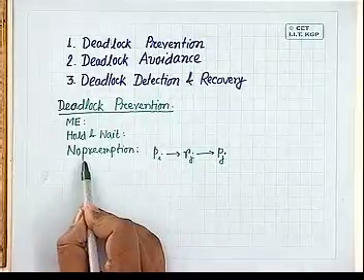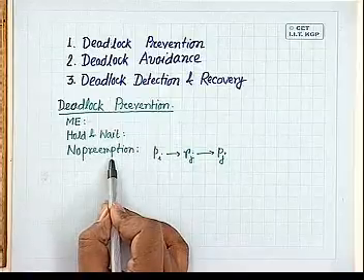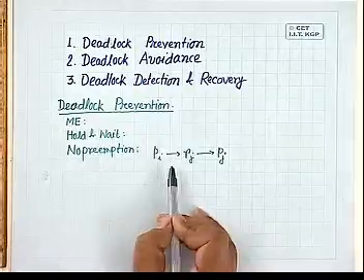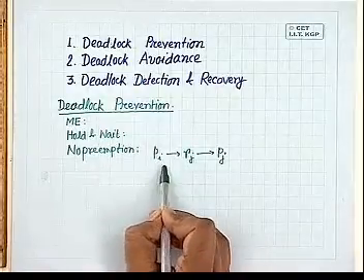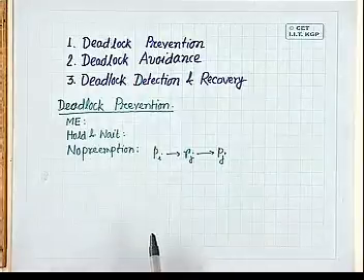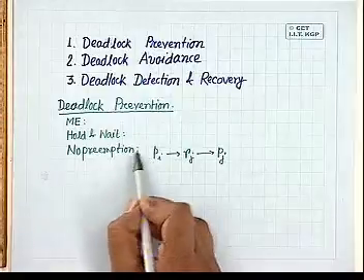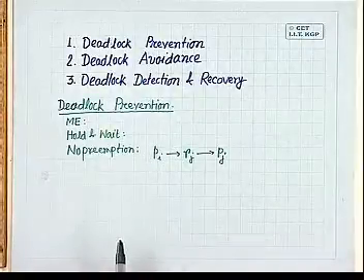But by forcing non-occurrence of no preemption, what I try to do is, I try to break this hold and wait condition. By this, whenever Pi puts a request for Rj, it cannot immediately get Rj because Rj is allocated to some other process Pj. We will force Pi to release all the resources which it is holding at this particular instant of time.